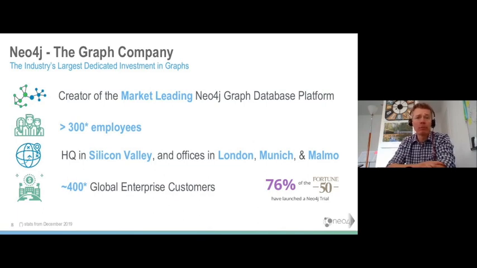We're a rapidly growing company, with over 300 employees at the end of December 2019. We're way over that number by now, and have pretty steep growth objectives for the end of this year. We're pretty distributed, but we have a headquarter in Silicon Valley and offices in London, Munich, and Malmo.